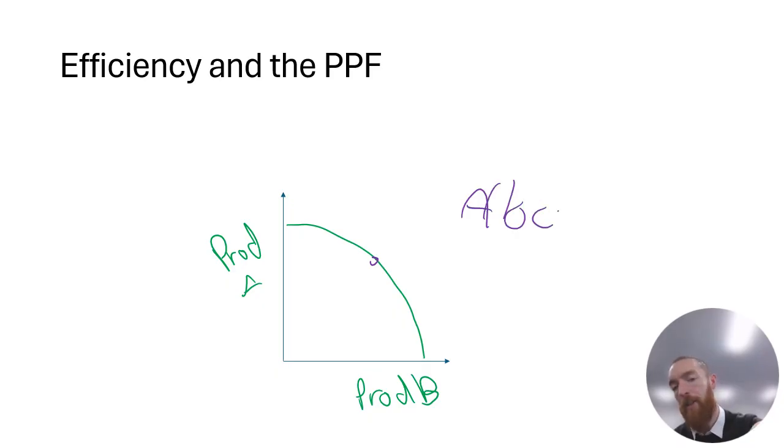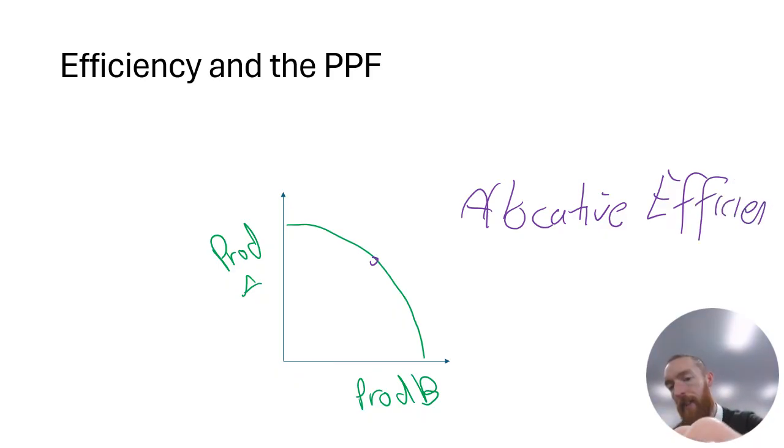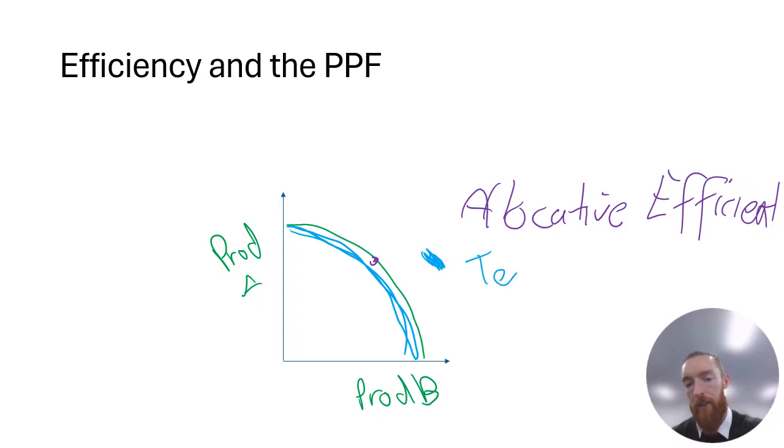There's only one combination of production which would lead to society's living standards being maximized. However, everywhere on that curve is going to be technically efficient, because that is using all of our resources for the maximum output. So least cost, most output.